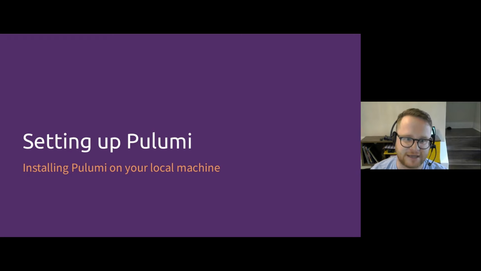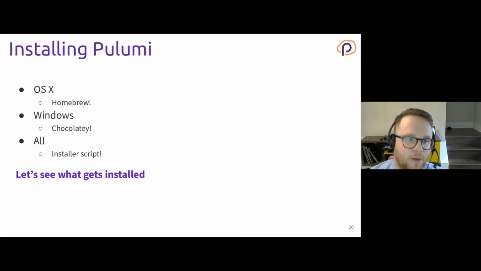I'm using OS X, so you should be able to follow along if you need to. There are multiple installation options depending on your operating system. If you're using Mac OS, the easiest way to install Pulumi is to use brew install pulumi.